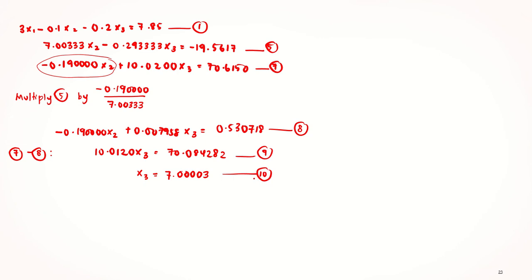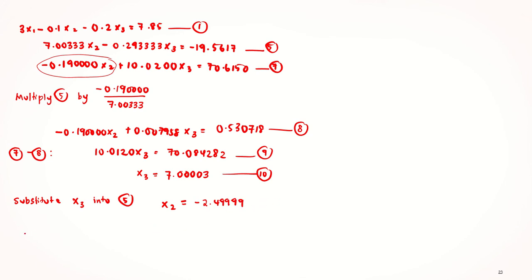And then we can substitute x3 into equation 5 to get x2. If you substitute everything, you will get x2 as negative 2.4999.